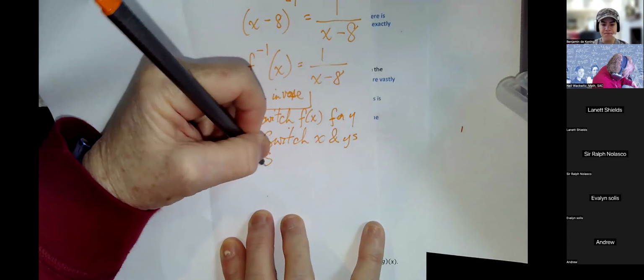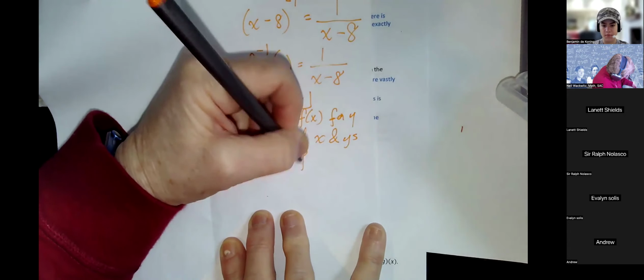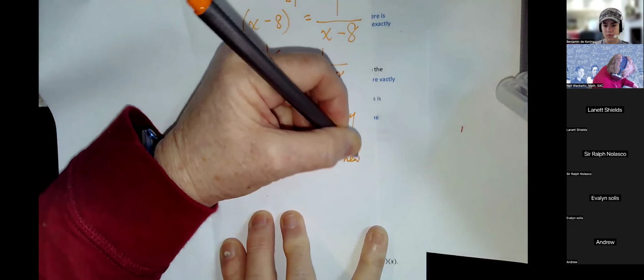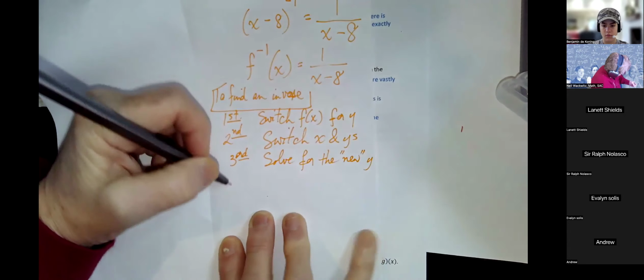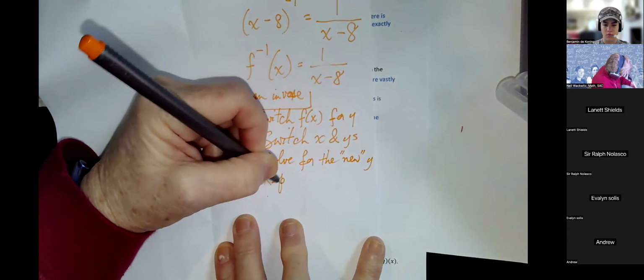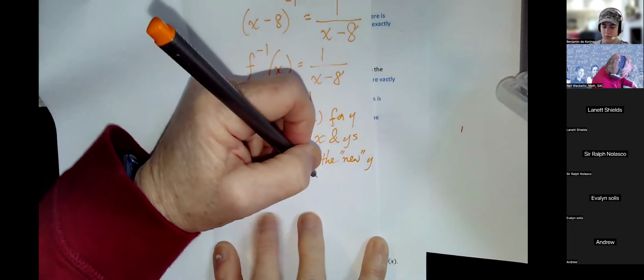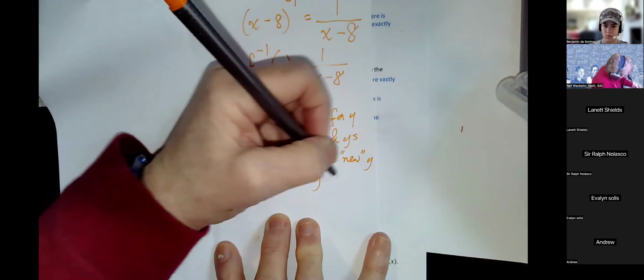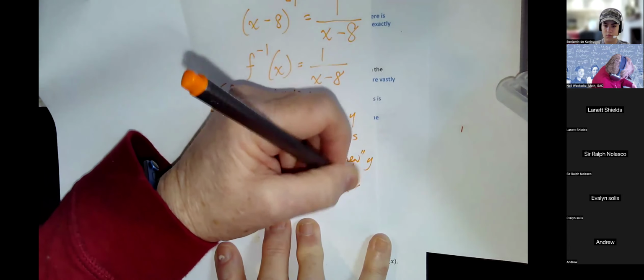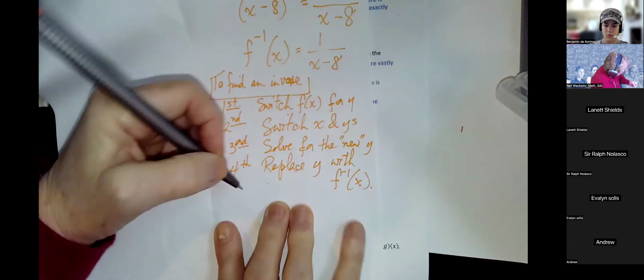You solve for the new y. You replace that y with f inverse, and then you check.